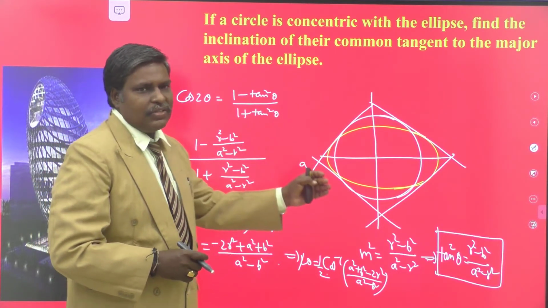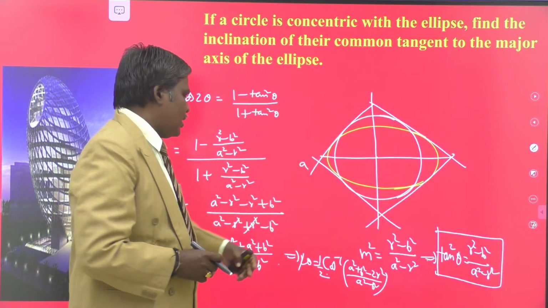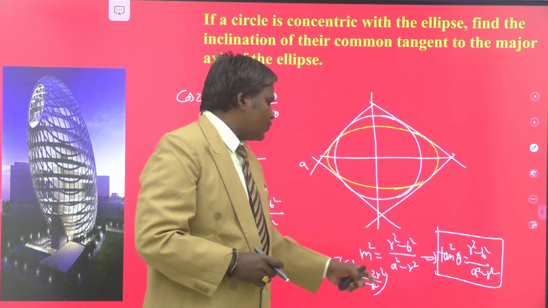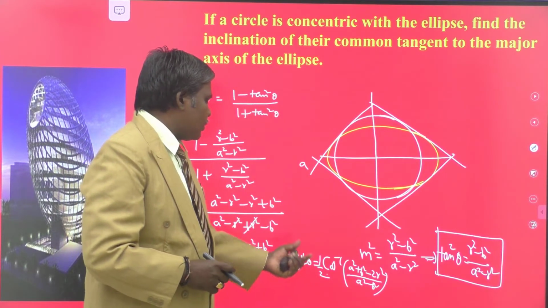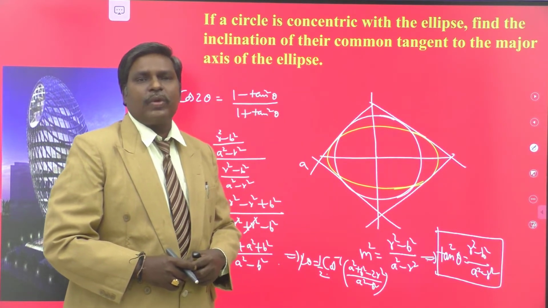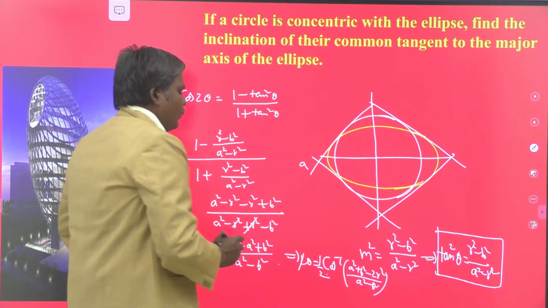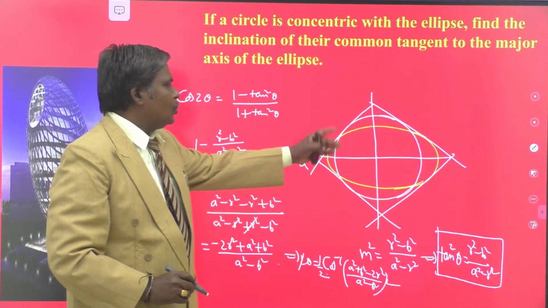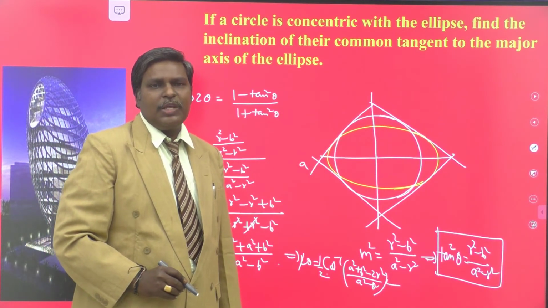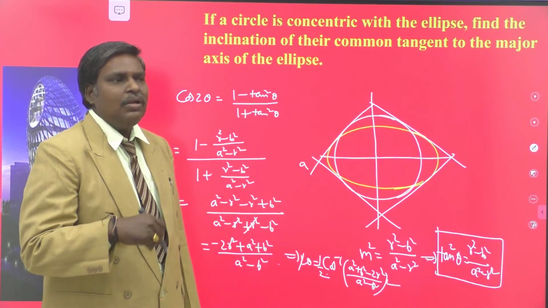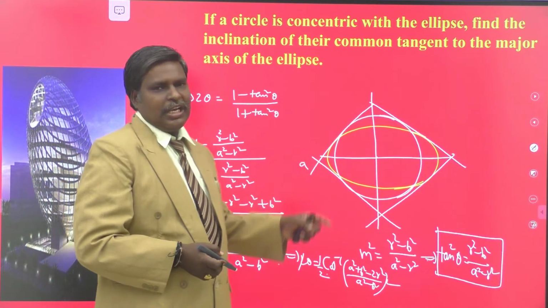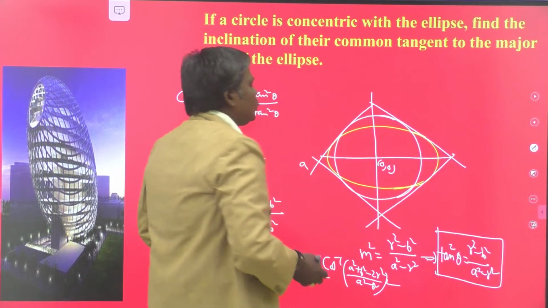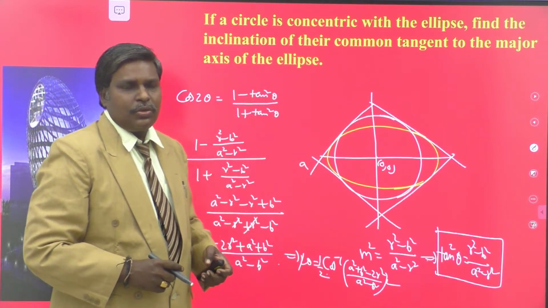If the radius of the circle lies between b and a, then we have theta equal to half cos inverse of (a square plus b square minus 2r square) by (a square minus b square). Okay? This is the way to find the inclination of the common tangent to both curves. One is the ellipse and the other is the circle which is concentric to your ellipse. Here (0, 0) is the center that is common to both circle and ellipse. Okay?